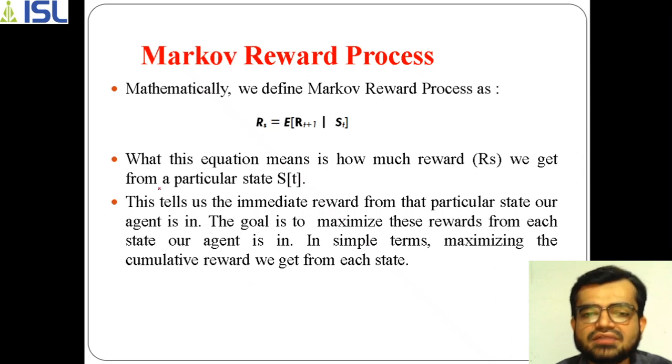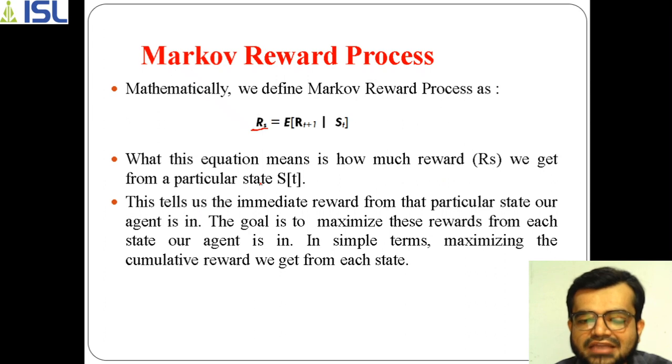If you see R of s, this is how much reward we get from a particular state St. It's just a numerical value. Just now I said the reward value will be a numerical value. So for a particular state St, this tells us the immediate reward from the state our agent is in.